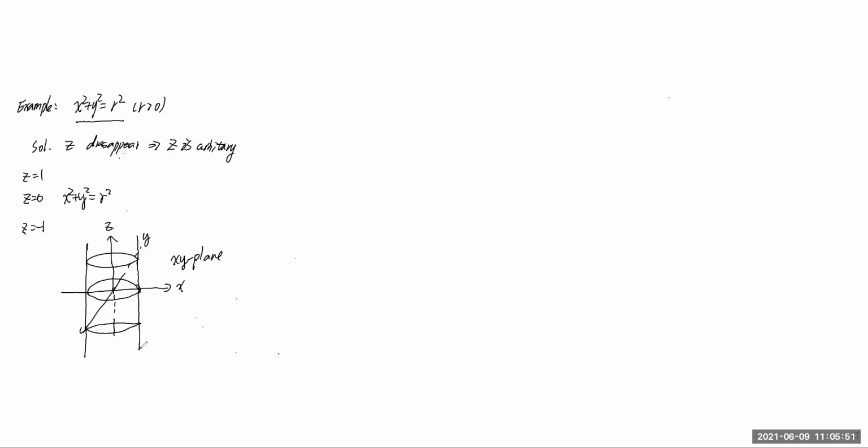Finally, we say this is a cylinder. This is what we will use a lot, so you have to keep this in mind for the future. So this is about the cylinder.